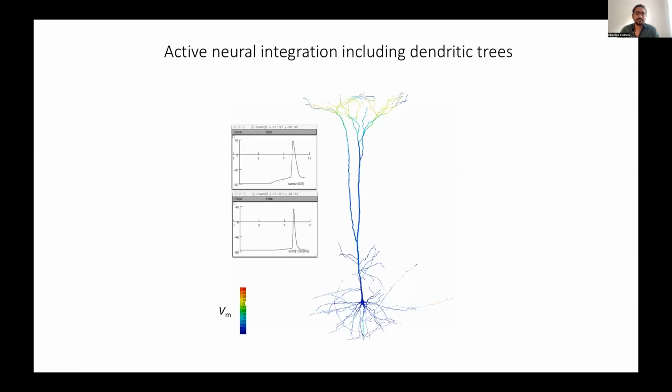And just to be clear, this model also has dendritic integration, which could not be seen in the video as much, but we really do model all the way out to the farthest apical reaches of the tree. And of course, you can see that even for a single spike, these depolarizations in the dendrites sculpt the shape of the action potential.